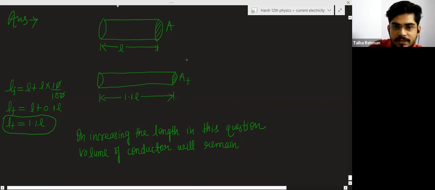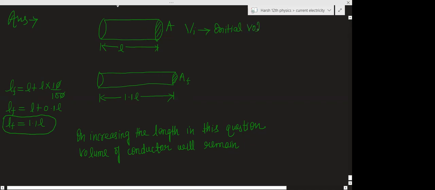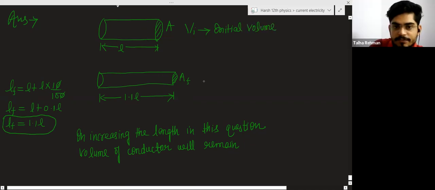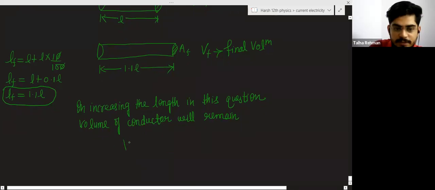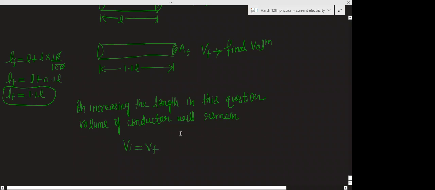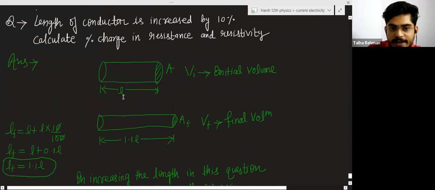I am representing Vi as the initial volume of the conductor, and Vf as the final volume of the conductor. Volume is not changing, so V initial is equal to V final. We know volume is given by area into length.